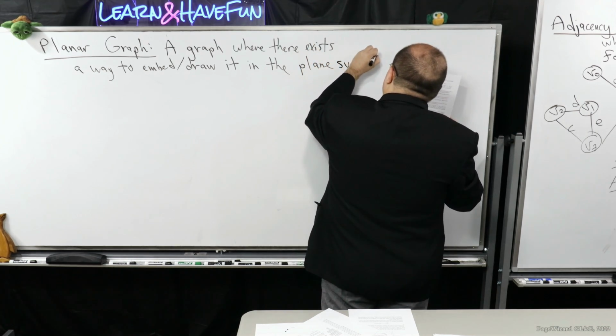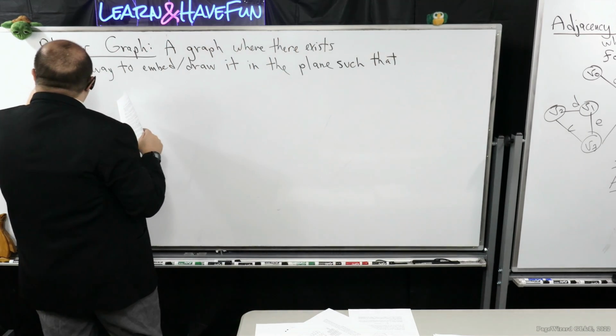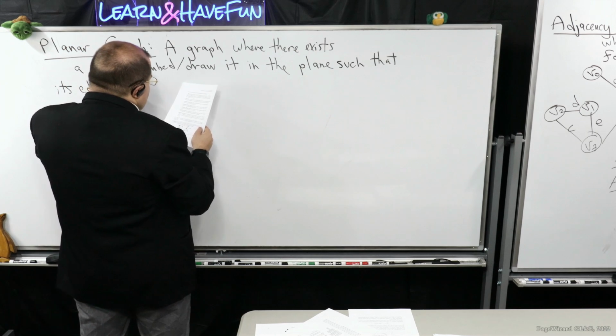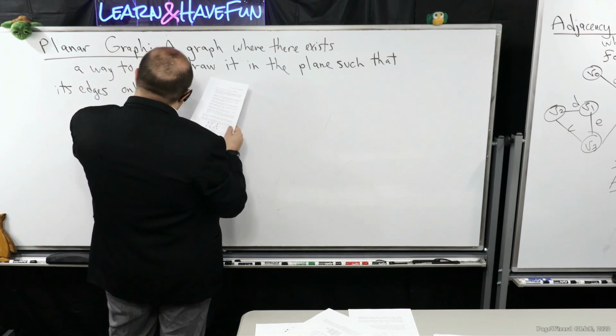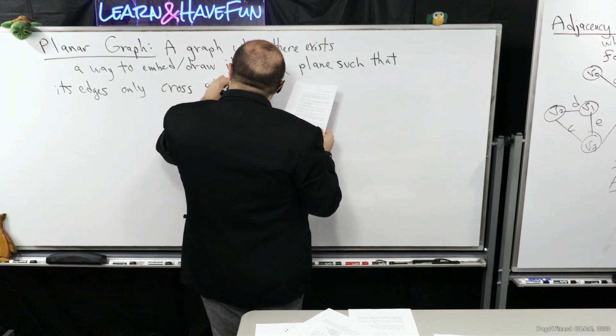Such that its edges only cross at their endpoints, so at the vertices.